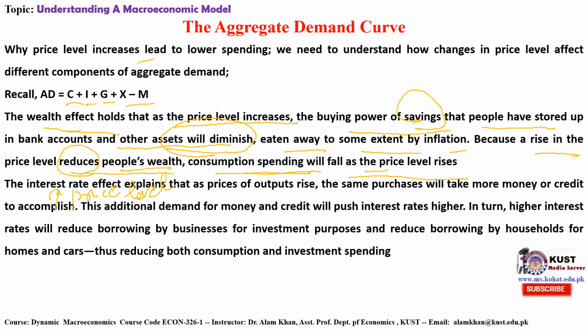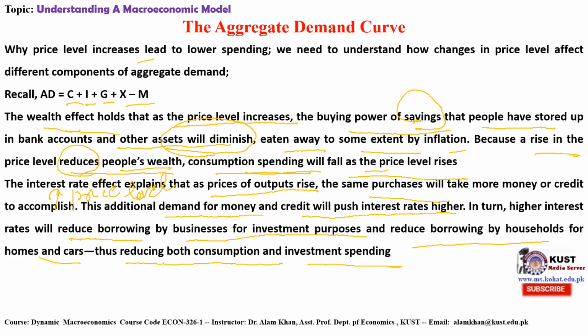The interest rate effect explains that as the price of output rises, the same purchase will take more money or credit to accomplish. This additional demand for money and credit will push interest rates higher. In turn, high interest rates will reduce borrowing by business for investment purposes and reduce borrowing by households for homes and cars, thus reducing both consumption and investment.